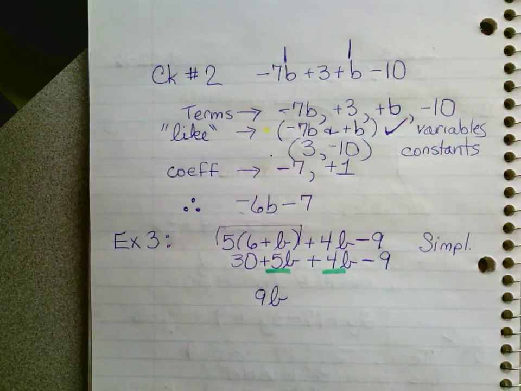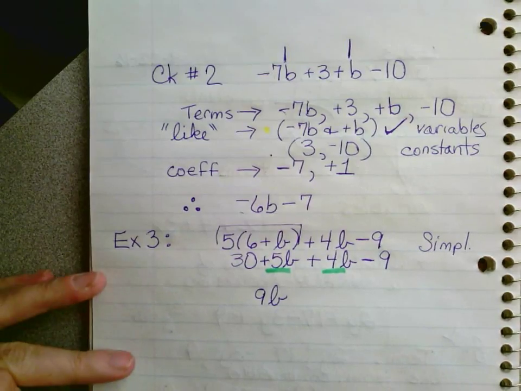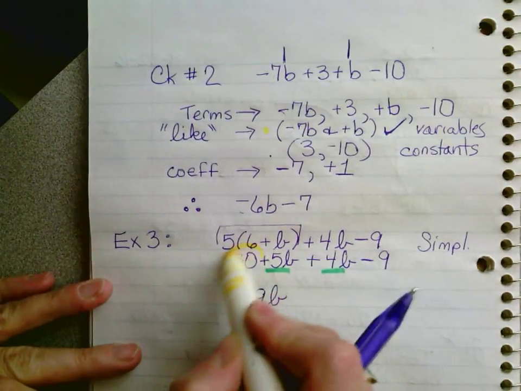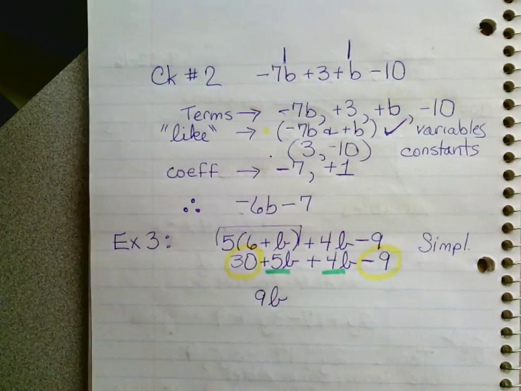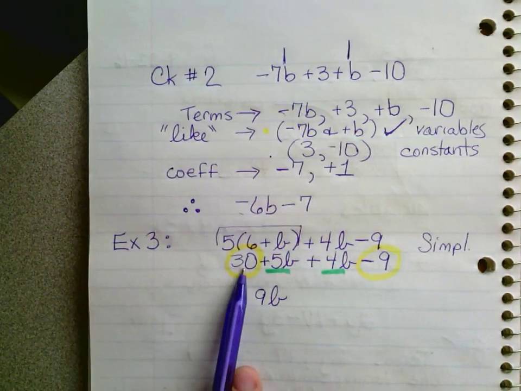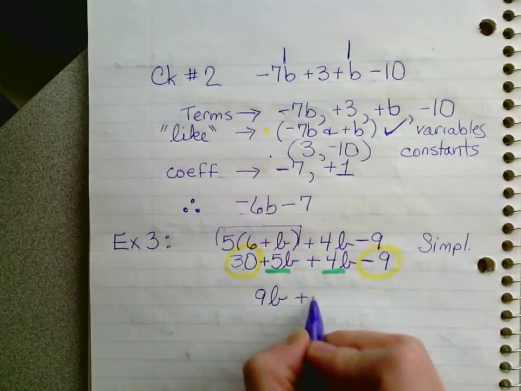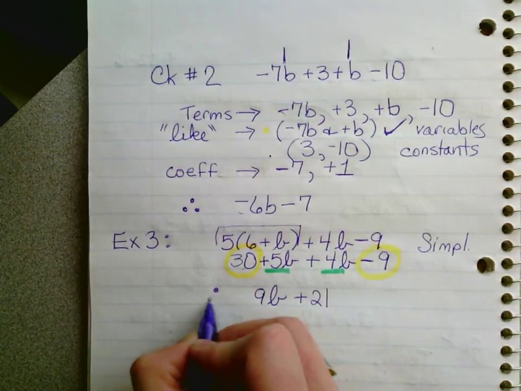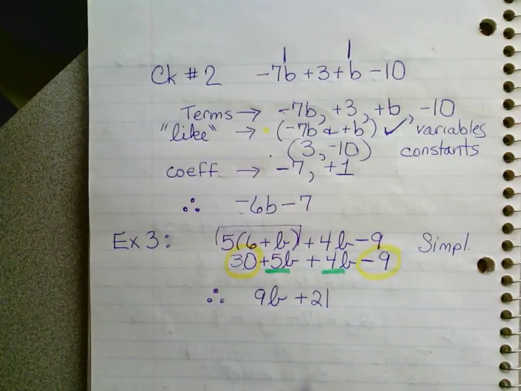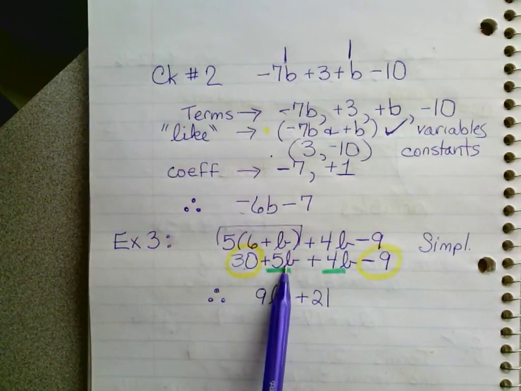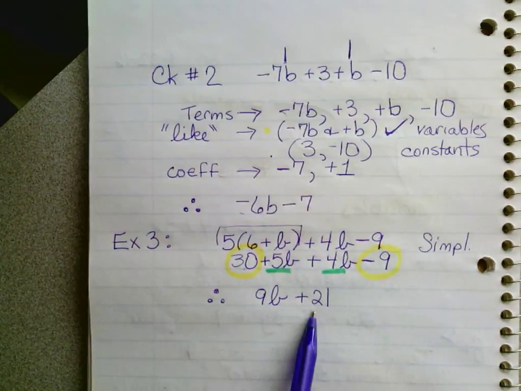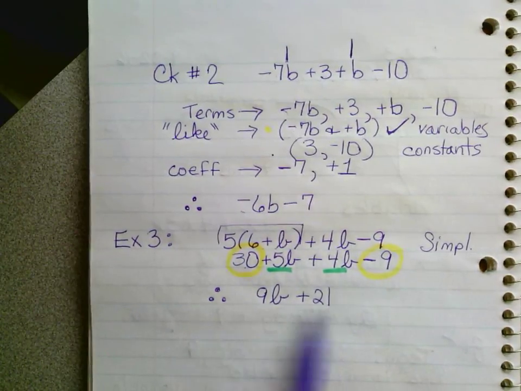Izza, what are my constants and what's the result? 30 and -9. She's right. What's the result? Go ahead. Well, this is positive. +21.